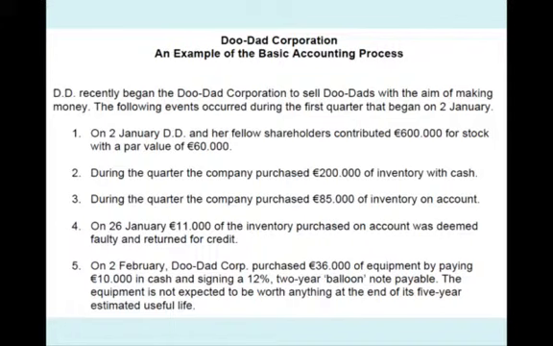Number five, on 2 February, Doodad Corporation purchased €36,000 of equipment by paying €10,000 of cash and signing a 12% 2-year balloon note payable. The equipment is not expected to be worth anything at the end of its 5-year estimated life.